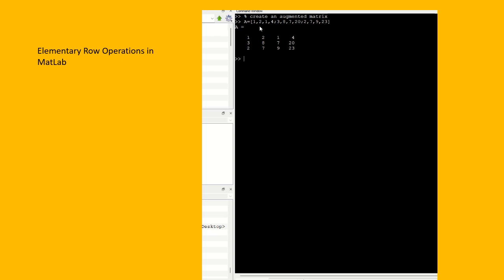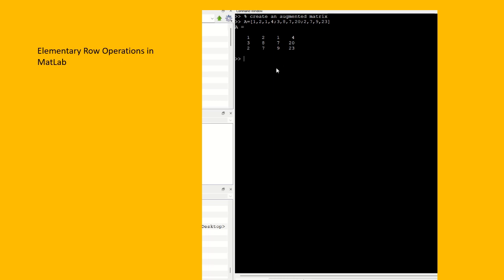Notice that in this notation we used a semicolon to separate one row from another, and we used commas to separate elements of a row from each other. So at this stage we have our augmented matrix representing that system of linear equations.